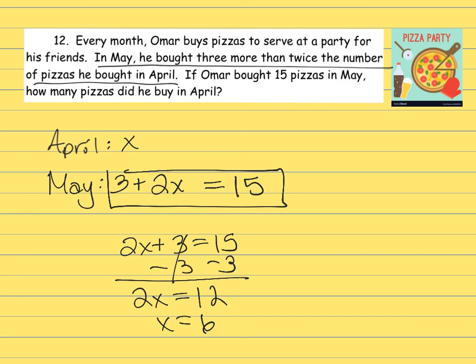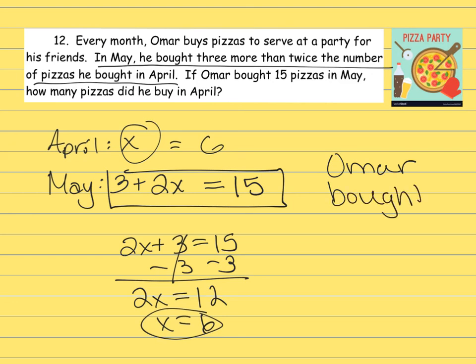So since April is represented by X, the solution is that Omar bought 6 pizzas in April. This is the last problem that needed to be completed, so that concludes this lesson.